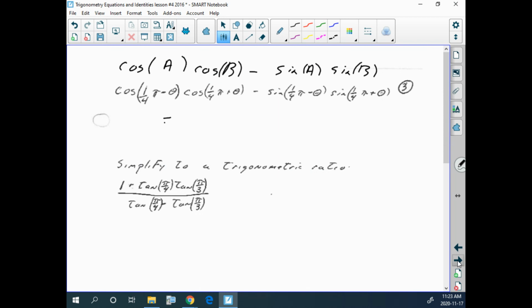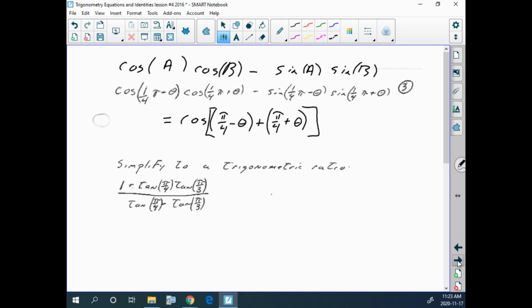So, cosine of A, which is pi over 4 minus theta, plus pi over 4 plus theta, which is what I call my B value in this case. So we don't want to do all that other stuff. But I was able to see that we have two angles there.